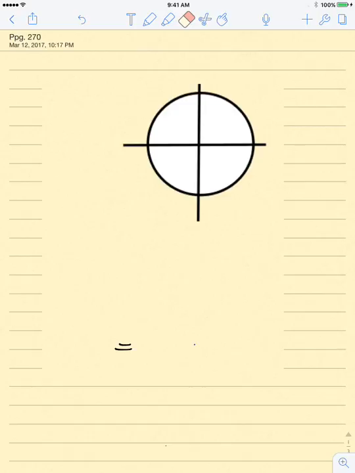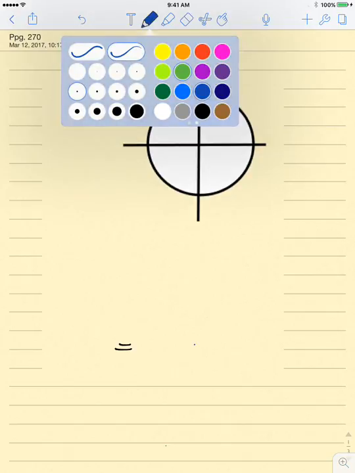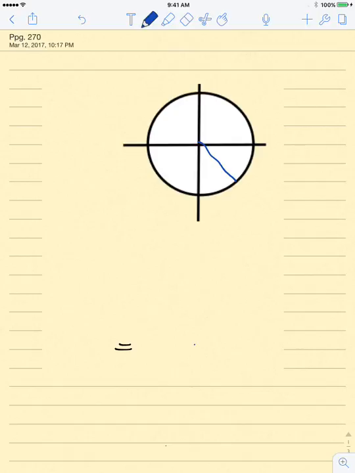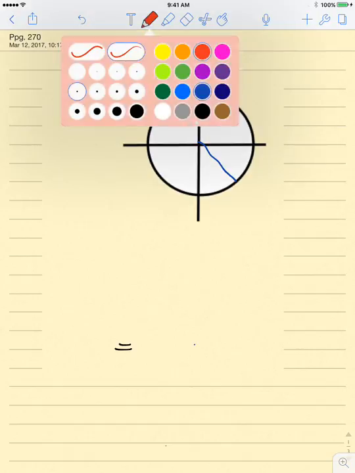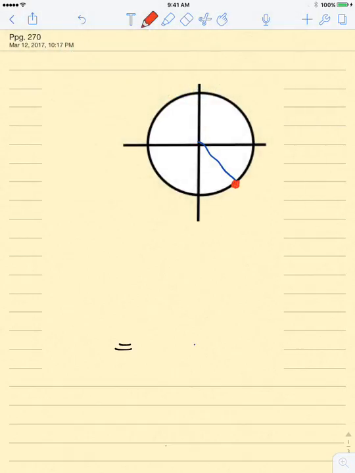I'm going to pick, again, a number that is not on your homework, and that's going to be negative pi over 6. So let's do it. Here's my ordered pair. Here is my x and my y. And remember, with negative angles, we go clockwise.